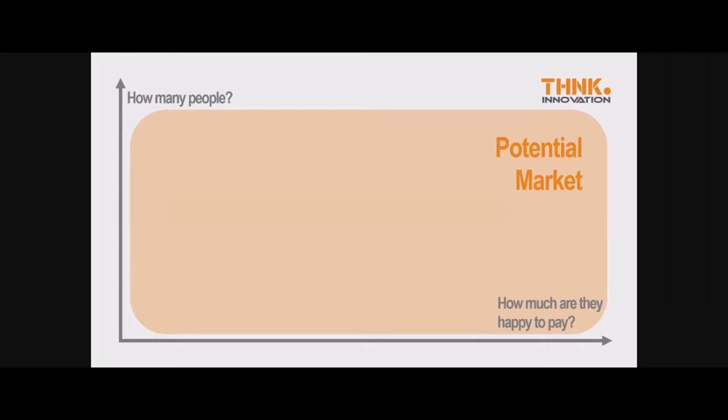It is better now. So on the potential market, you say that this is how much they are happy to pay, right? But there might be somebody who is willing to pay but not really happy with the price, right? So should that also be a potential market or not?